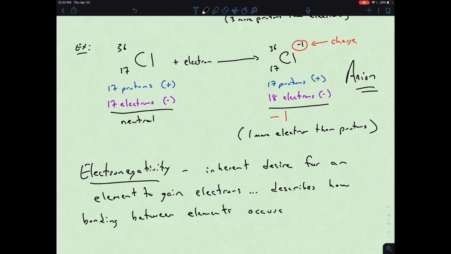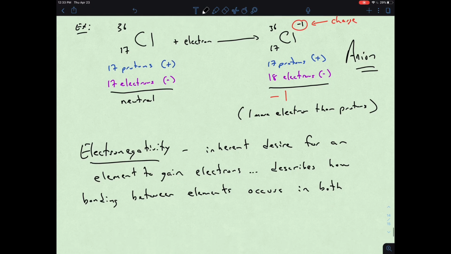Bonding occurs basically in both ionic and covalent motifs.